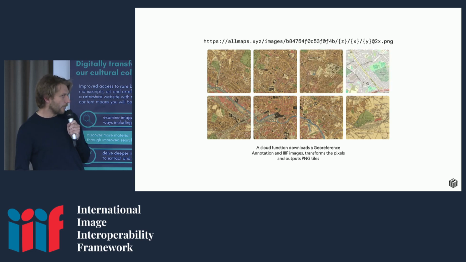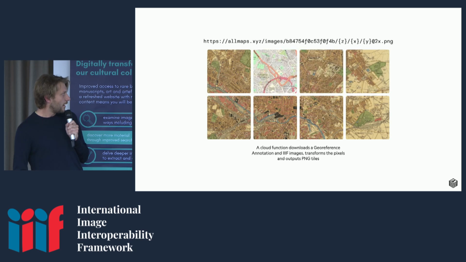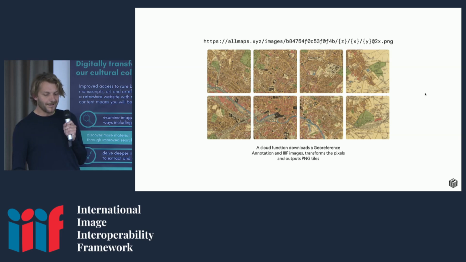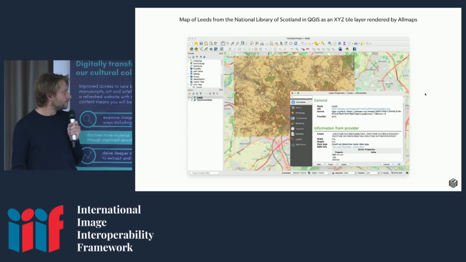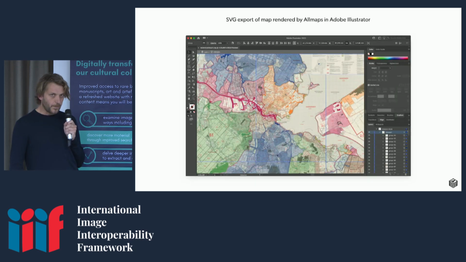And underneath is the OpenStreetMap tile. So you can see how it works, and you can use this in traditional GIS software. And this is this very XYZ tile layer shown in QGIS.